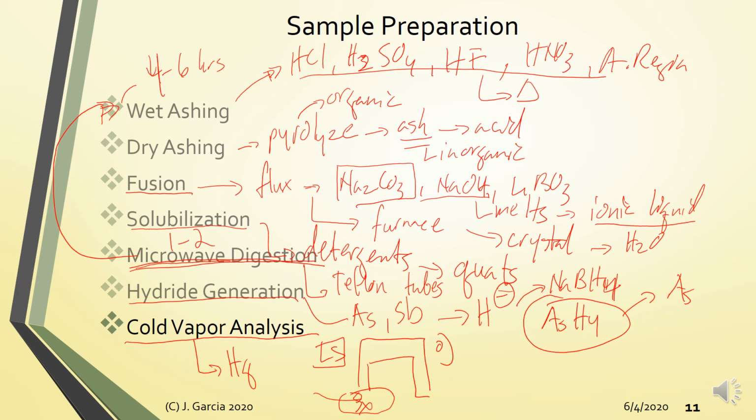So remember, mercury is liquid at room temperature. Since it's liquid at room temperature, automatically it has some form of equilibrium with its vapor phase.